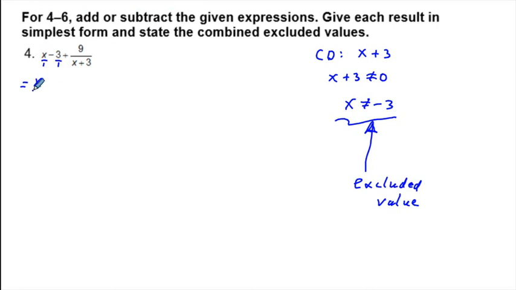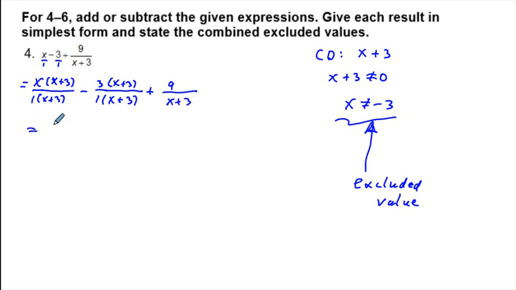So if we have x over 1, and to get our common denominator of x plus 3, I'm going to multiply that denominator by x plus 3, and then we have to multiply that numerator also by quantity x plus 3. And so we have that, and then we have minus 3 over 1, and multiply that denominator by x plus 3, and likewise the numerator by x plus 3. And then we have the last thing here, plus 9 over x plus 3.